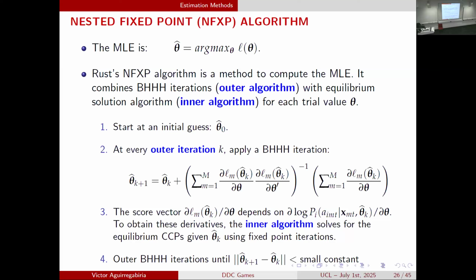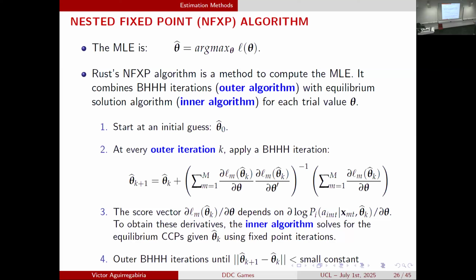Because, as you can imagine, the typical approach to obtain a Markov perfect equilibrium is basically a fixed point iteration approach. You start with strategies of the opponents, that is, the choice probabilities of the opponents. Given those, you solve the dynamic programming problem of a player, and you do that for all the players.